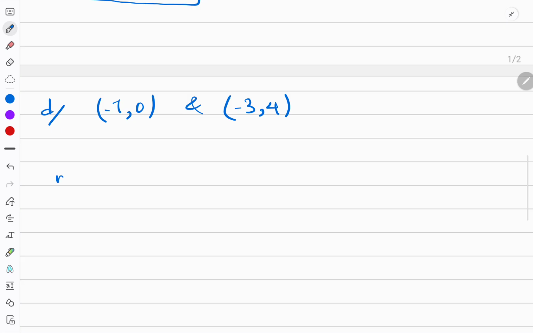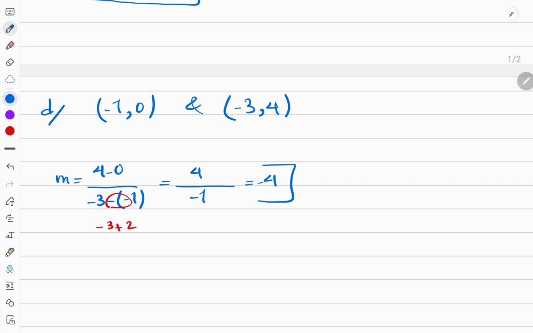So I'm going to write the formula of finding the gradient. Difference of y's, 4 minus 0. Difference of x's, negative 3 minus negative 1. 4 over negative 3 plus 1, which is negative 2, so the gradient is negative 2.